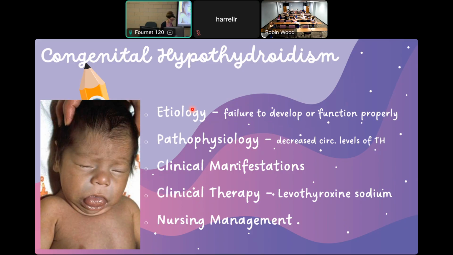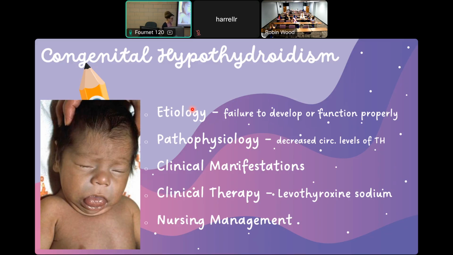So our interventions: we'll administer the medication, monitor for side effects. So be thinking, what are your signs of too much levothyroxine? Hyperthyroid symptoms, right? Like tachycardia, hypertension, hyperthermia, cardiac stress, all that good stuff that you've learned about in pharm, right?